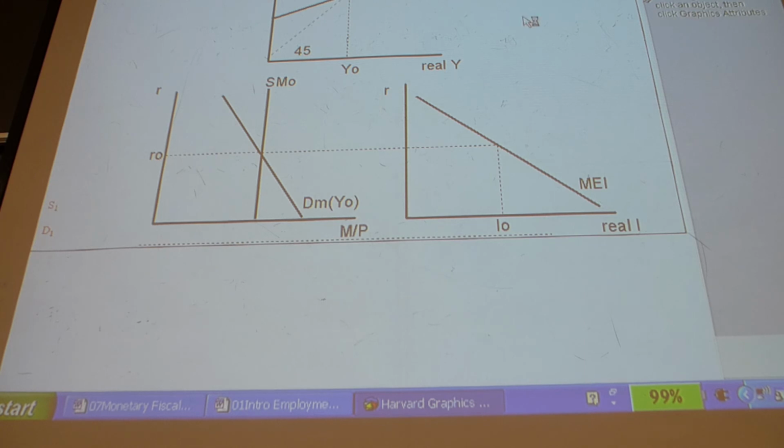Okay. Now what we're going to do is talk about government spending. First of all, we are going to increase government spending. This is called expansionary fiscal policy. I'm exaggerating this, everybody, just let it happen.